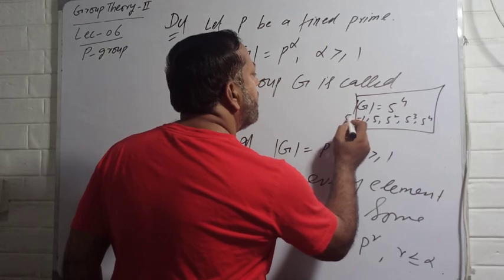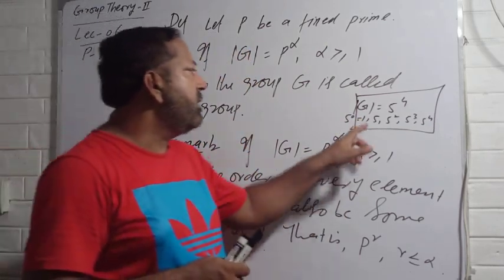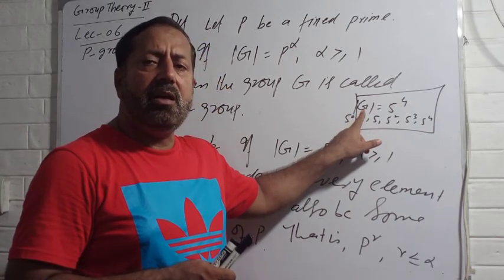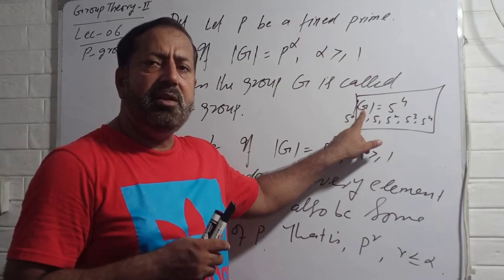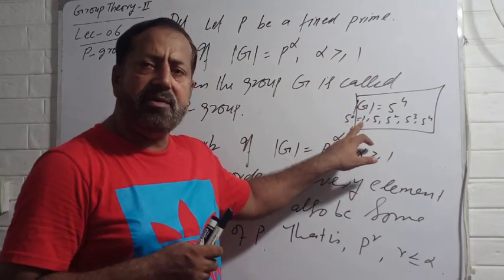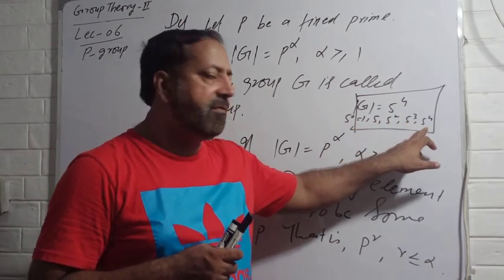And 1 can also be written as 5 power 0. So this means that if A is any element of G, then the order of A must be either 1 if it is the identity element, or 5 or 5 square or 5 cube or 5 power 4.